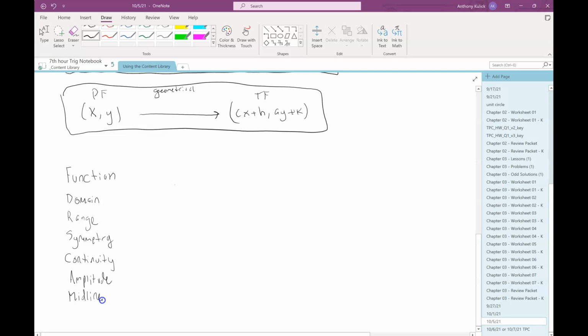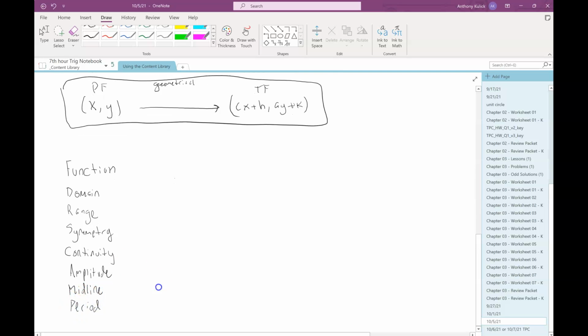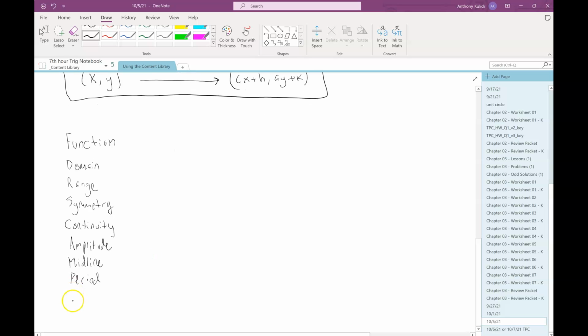And some of these labels are new, that will describe what it is that we're talking about here in a moment.